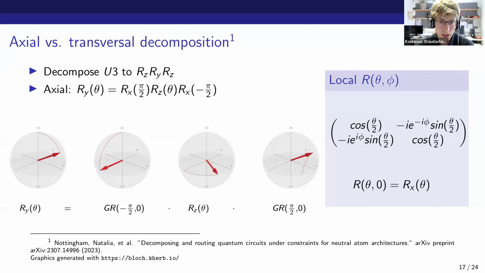What a global gate looks like, it basically applies a local rotation on each of the individual qubits. So this is a separable gate, and each individual gate can be described with this term.